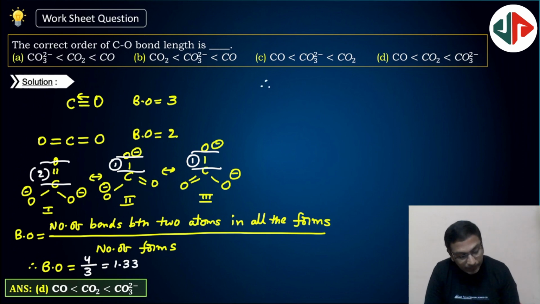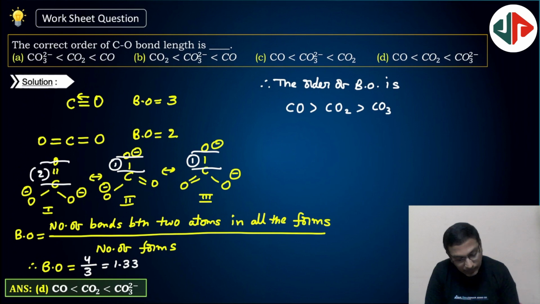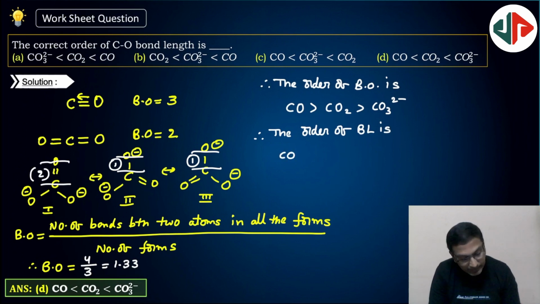So here the order of bond order is CO, next CO2 and CO3 2 minus, and therefore the order of bond length is reverse: CO, CO2 and CO3 2 minus.